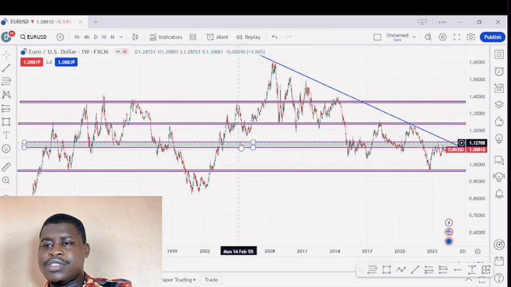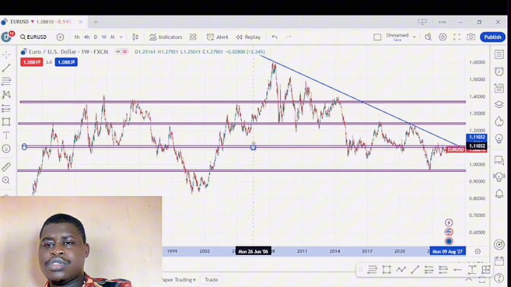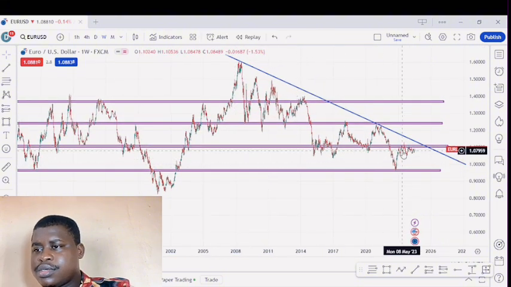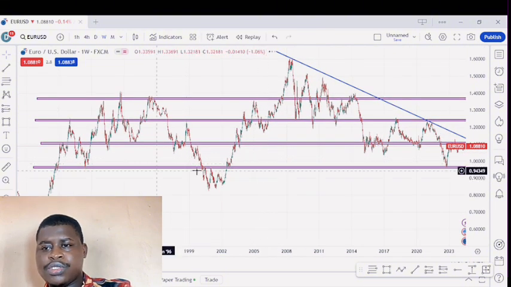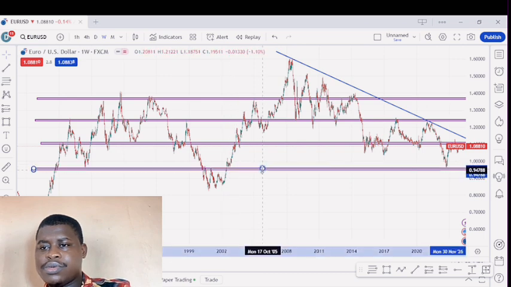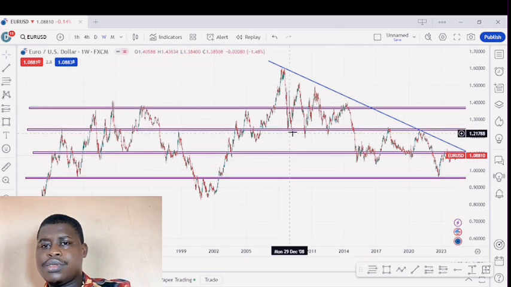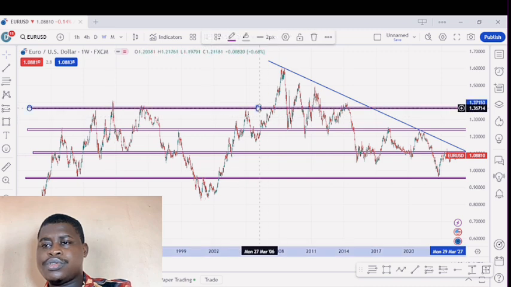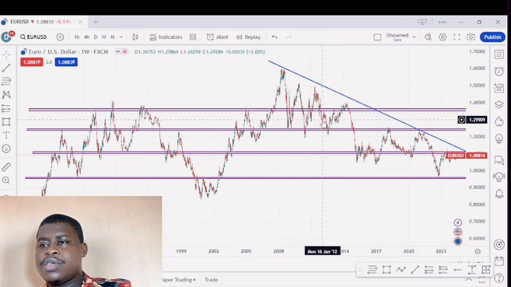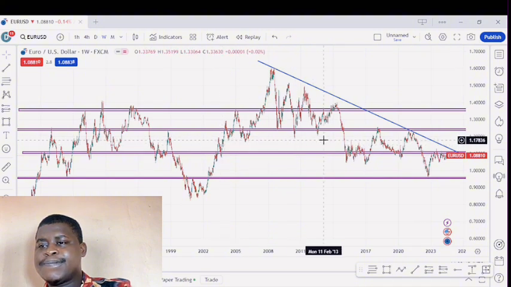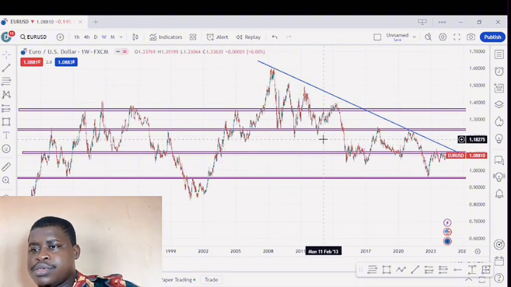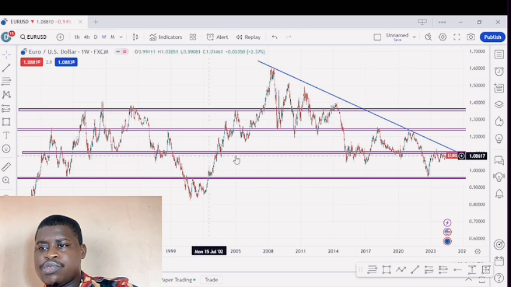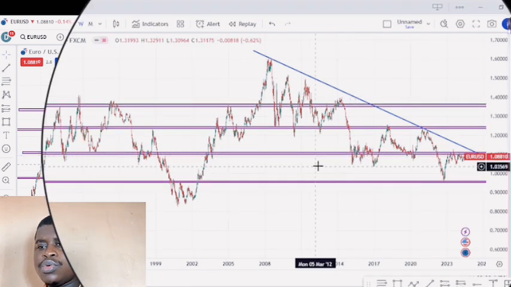I'm readjusting it just to make sure it touches the right spots. Okay, this is spot on. I think we are good to go now.